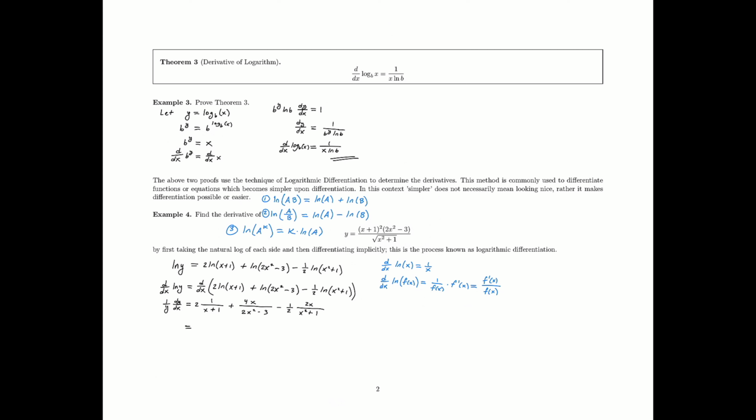And of course, if you want to, you can clean this up and write it differently; sometimes it looks nicer, though it's not necessary. Now, what we want to do in this stage is, because this y is on the bottom side, we want to solve for dy dx. So we're ultimately going to multiply this by y. So let's go ahead and do that.